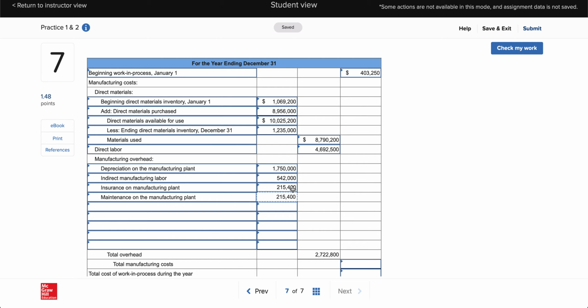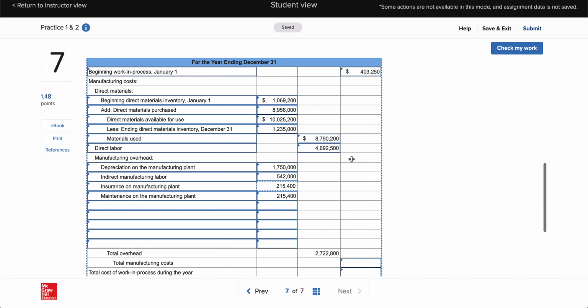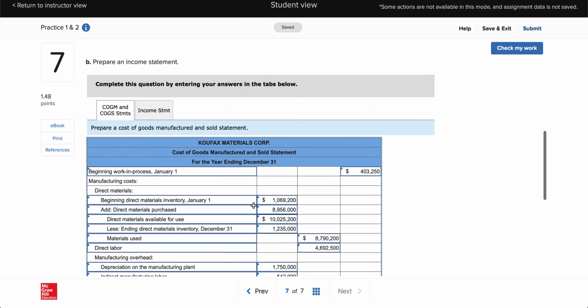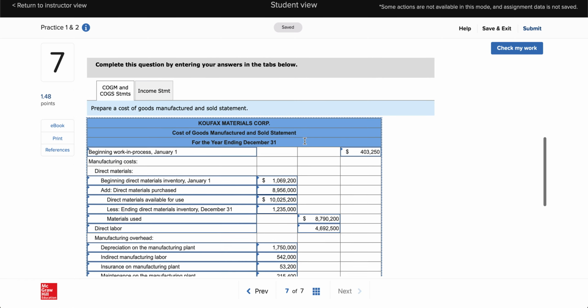I think I grabbed the wrong number for insurance. Let's see what that is. I did, 53,200. And then we have what's next? Manufacturing plant utilities, $784,100.